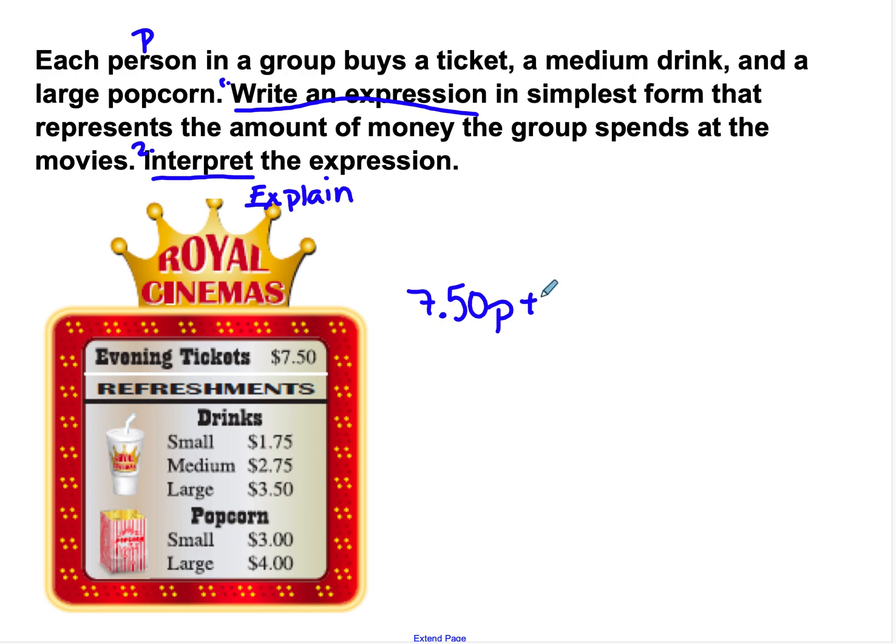Plus, each person is buying a medium drink, and that costs $2.75. So $2.75 per person, P. Plus, that large popcorn is our last one. Looks like that costs $4.